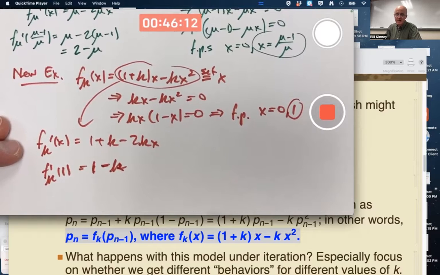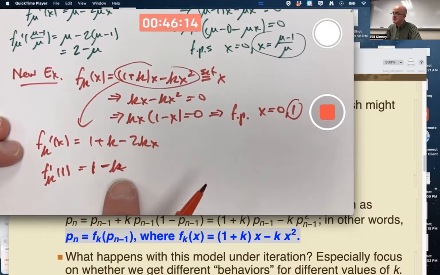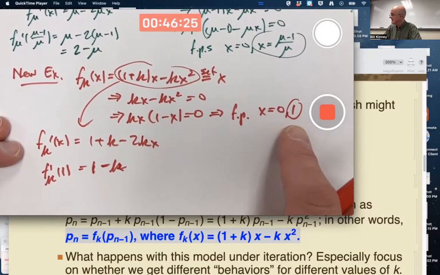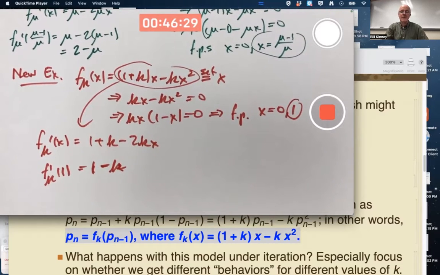That'll be between -1 and 1 when k is between 0 and 2. Right? If k is 0, that's 1. If k goes up to 2, it becomes -1. Once k gets bigger than 2, seems like the nature of this fixed point is probably going to change. Let's now observe and see if that happens.